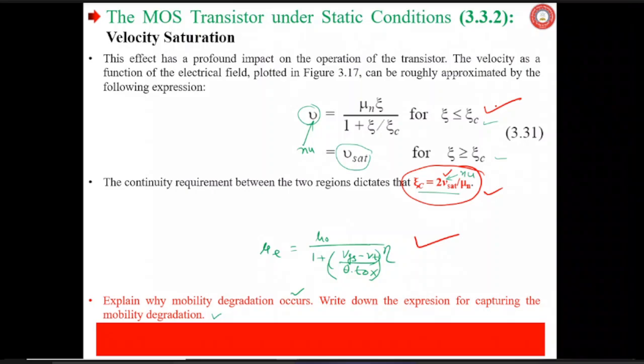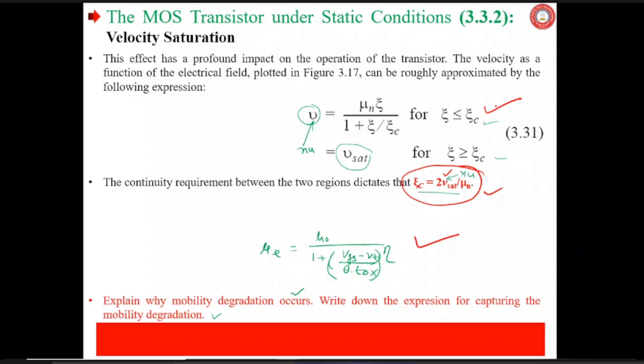Try to understand, this VDS by L is nothing but Ex. Putting the value of K in this equation, which is the linear region equation of current, from here to here, K is dependent on VDS.